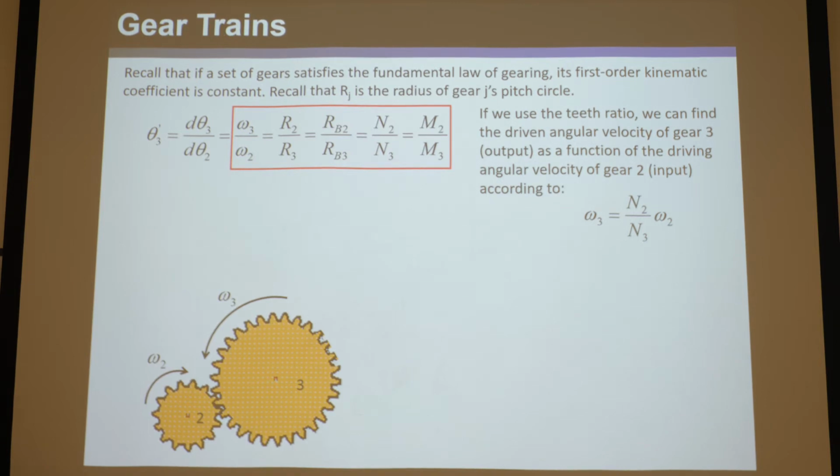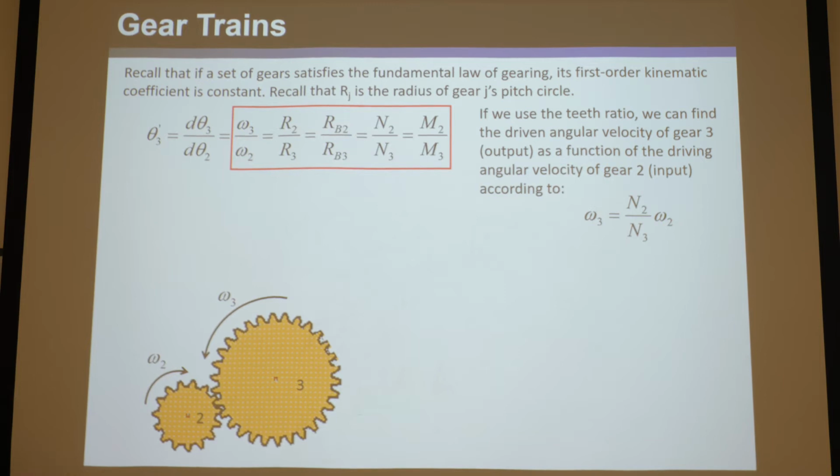Okay, so now we're ready to use the teeth ratio. You can find the driven angular velocity of gear 3, which is the output, as a function of the driving angular velocity of gear 2 as the input.